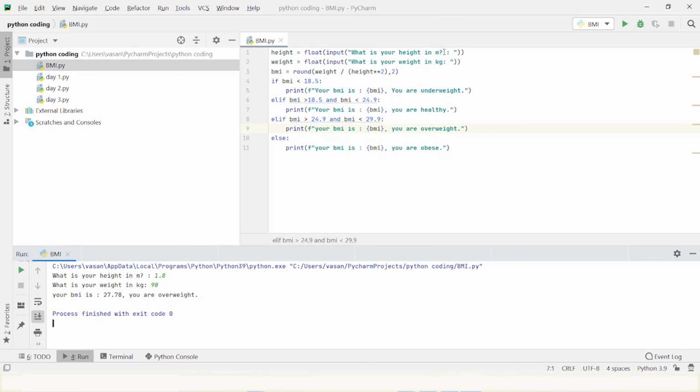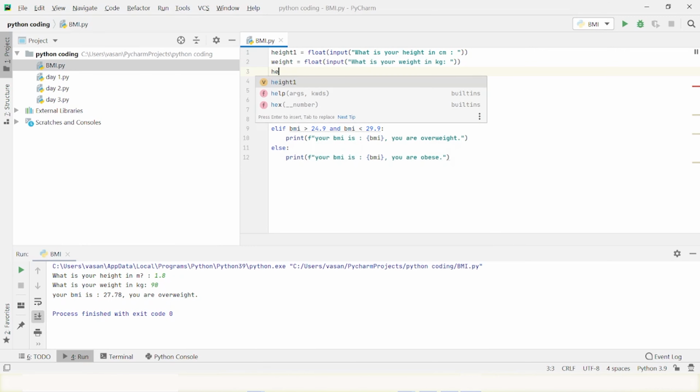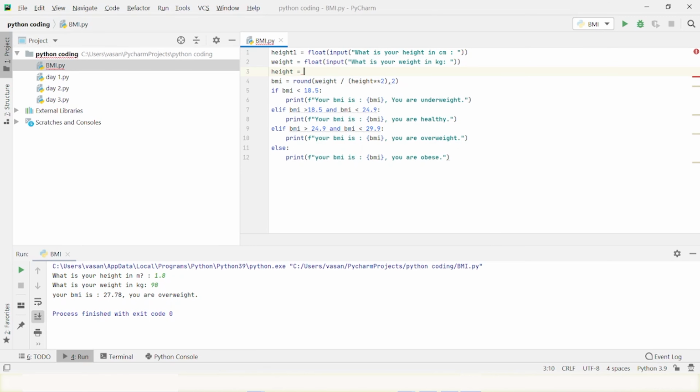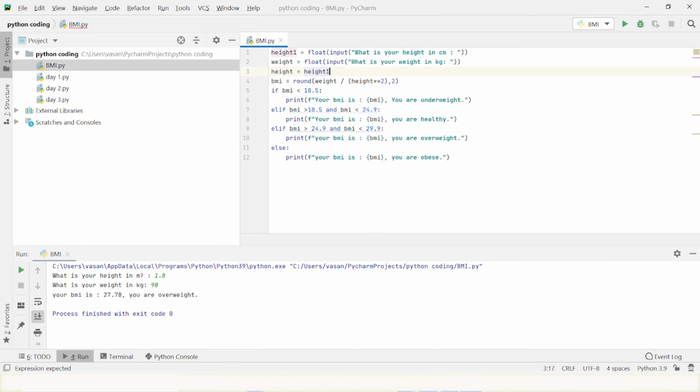Sometimes some coders use centimeters here, then you should convert it. If the height is in centimeters, you should convert it into an SI unit like meters, so height divided by 100.